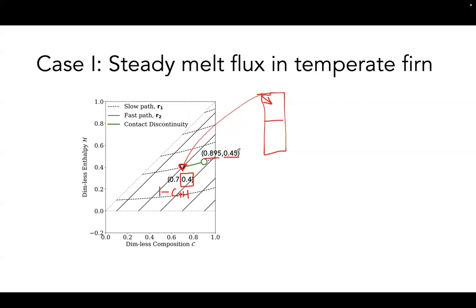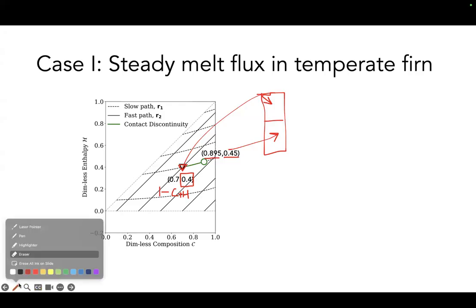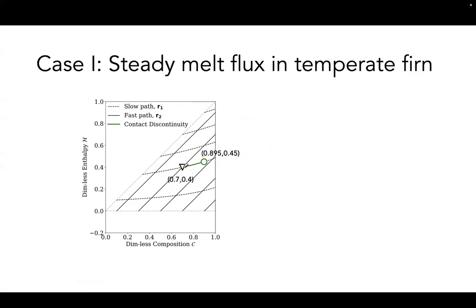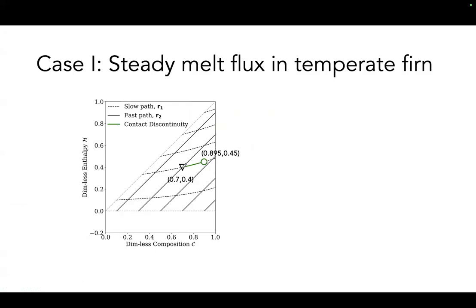So 55%-ish porosity and 45% liquid water content is our bottom state. And how will the system evolve? The simple solution is you just connect them by a simple line on the slow path.